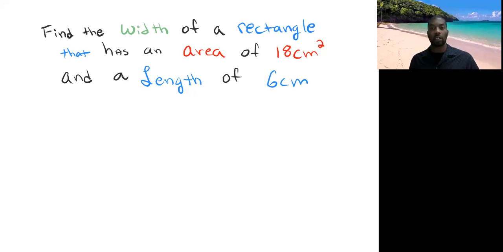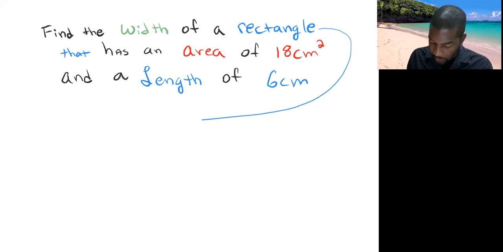All right, so here's basically a riddle, right? We need to try to figure out what a missing width, or what one of the sides of the rectangle, is. Here's how I would start with this problem. Since I know I'm dealing with shapes, I'm going to start drawing the shape. I know it's a rectangle, so a rectangle looks something like this.